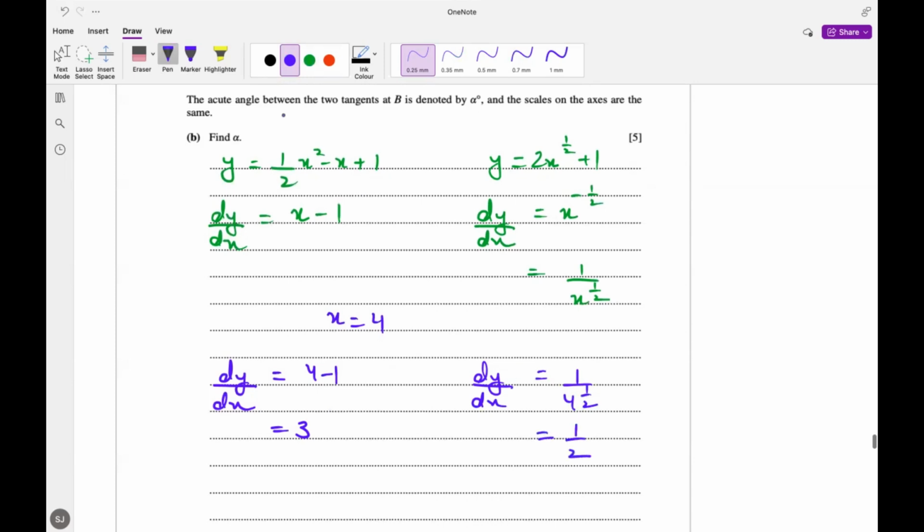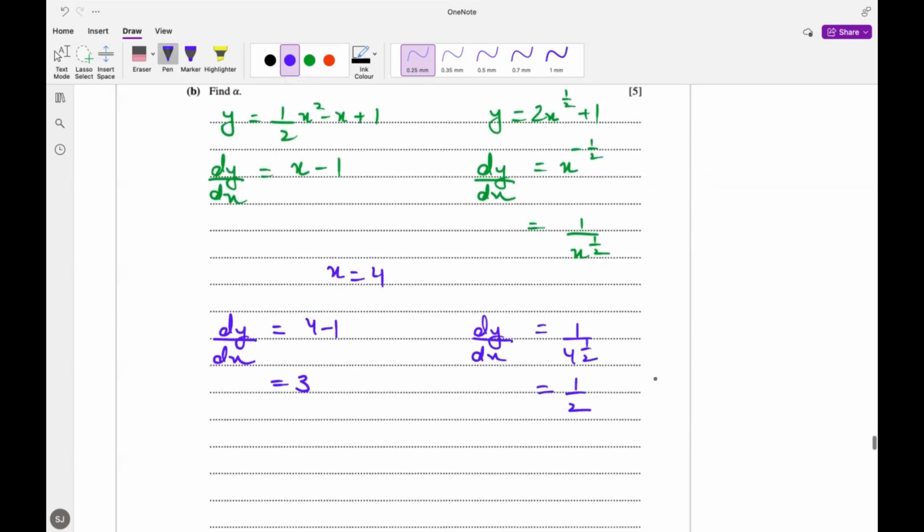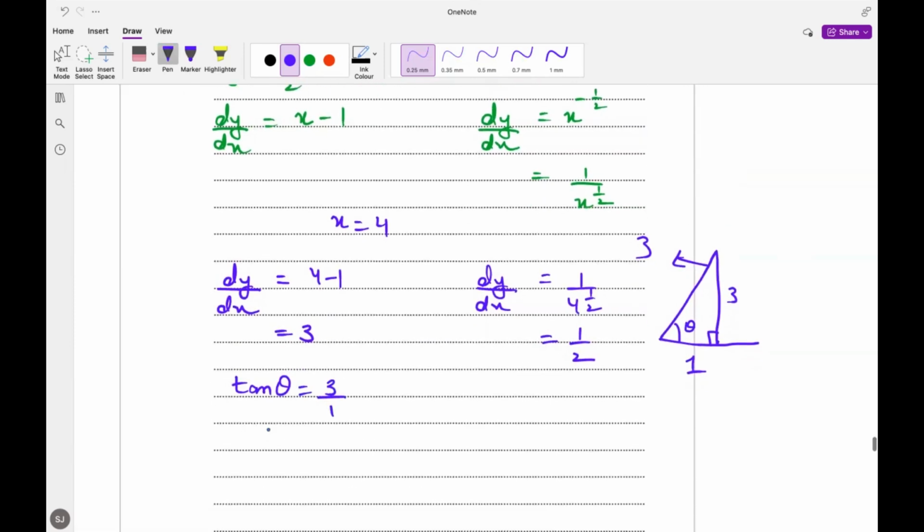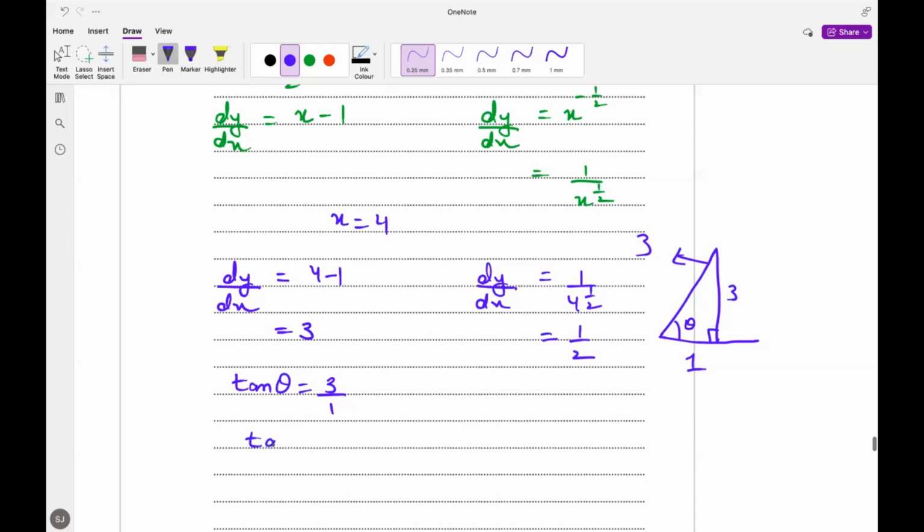which will be equal to 1 upon 2. Now to find the angle alpha, let's say this was the tangent with the gradient 3. To find the angle it makes with the horizontal, we can say that this length will be 3 and this length will be 1. Let's say this was angle theta. So tan theta will be equal to 3 upon 1, and we'll use tan inverse of 3 to find the angle theta.